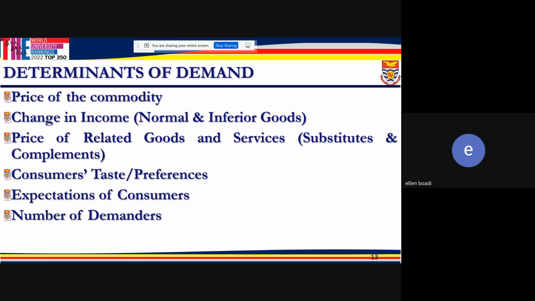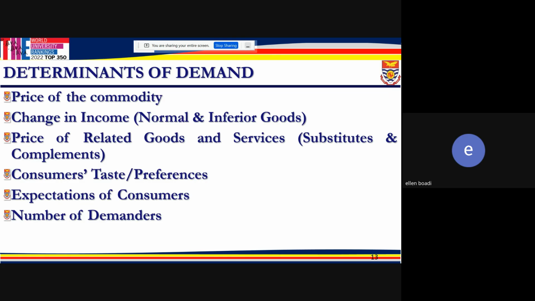Because of that, quantity demanded or the demand for jollof rice will come down. So if the price of the related commodity, the substitute, falls, the quantity demanded of the other good falls. So we should take note of that.